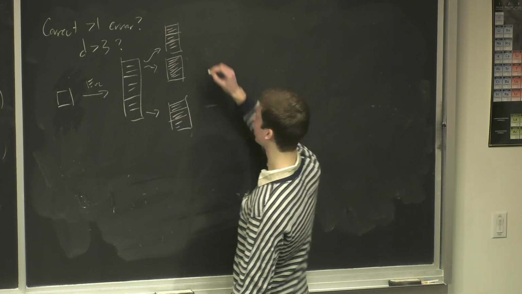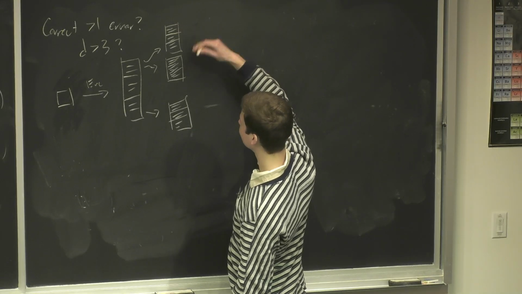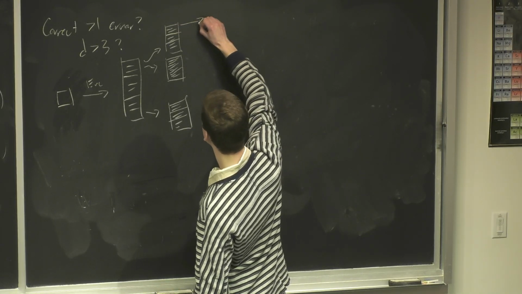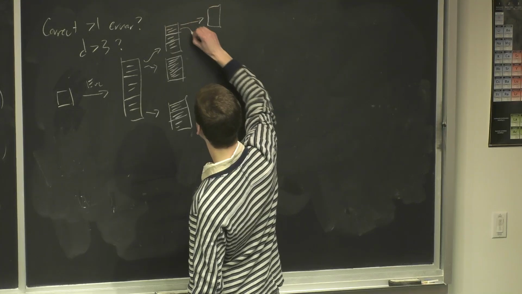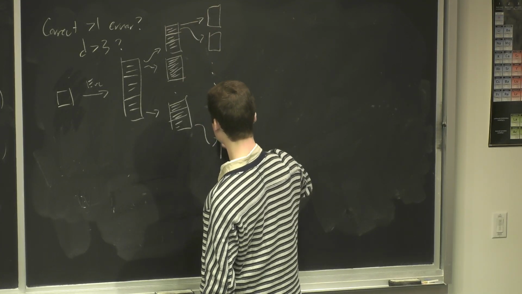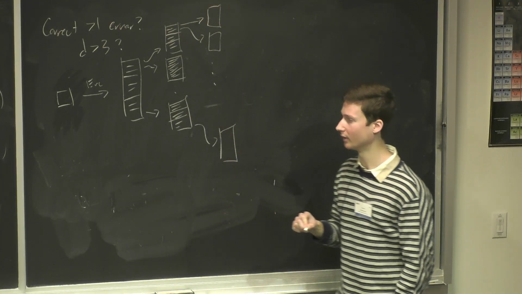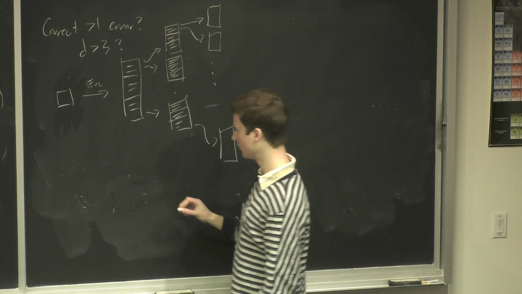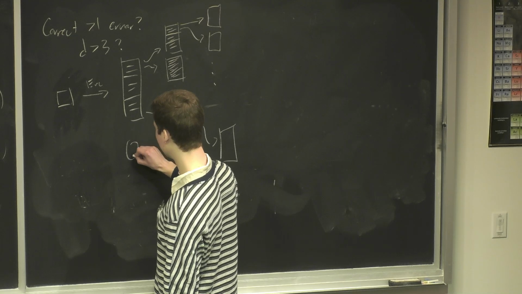And we can actually keep going. We now have 81 qubits here, 9 groups of 9. We can encode each one into another Shor code. And we can do this for an arbitrary quantum code Q.